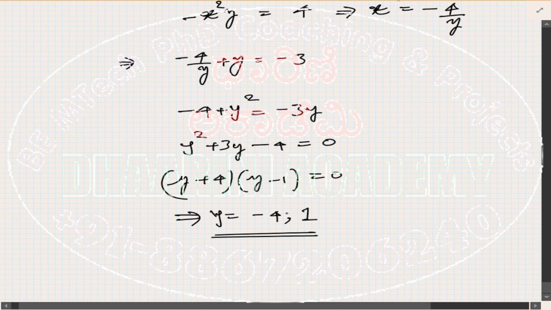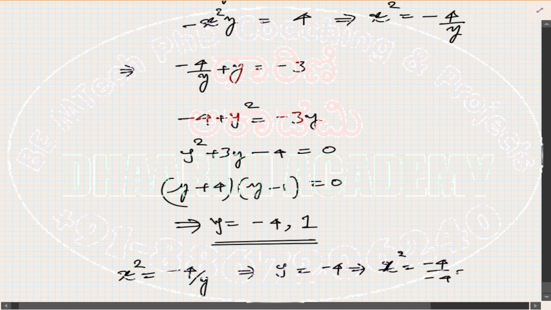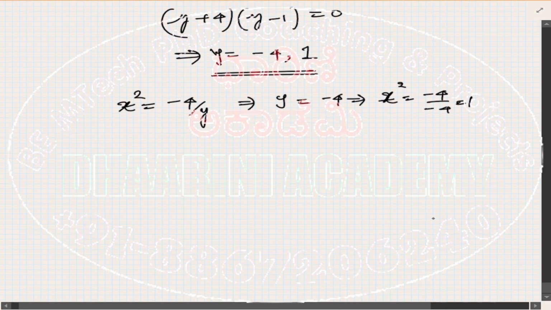So when y is equal to minus 4, you can see that x squared is equal to minus 4 by y, that is minus 4 by minus 4, which is equal to 1. So you can have x equal to plus or minus 1.